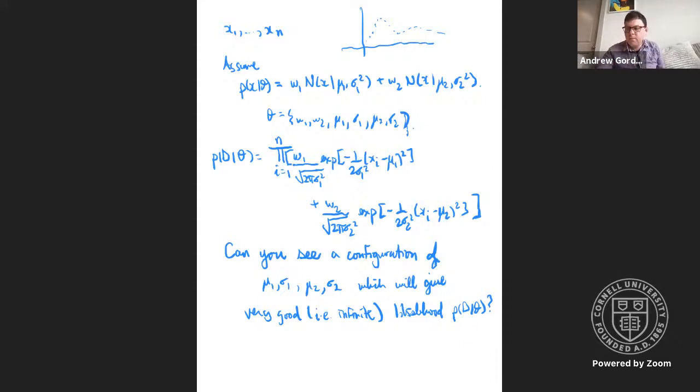And one way to quickly see an answer is to try to simplify the expression by choosing a nice value for one of the means. Okay, so what happens?